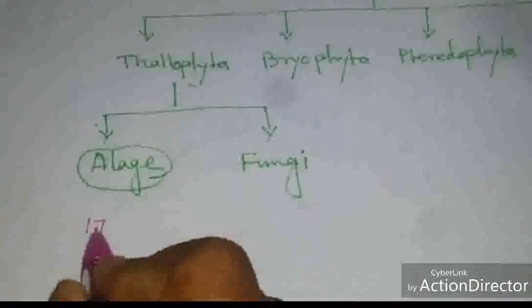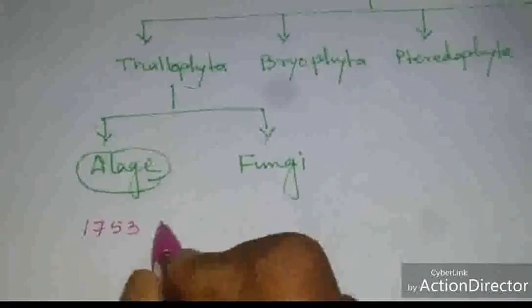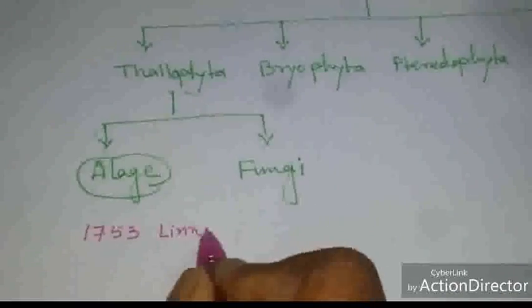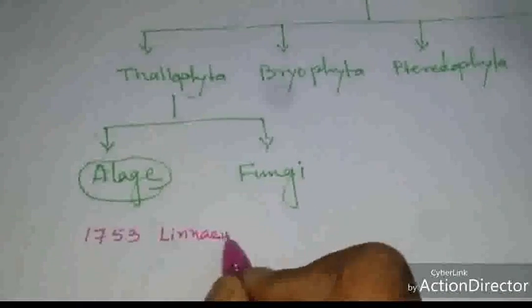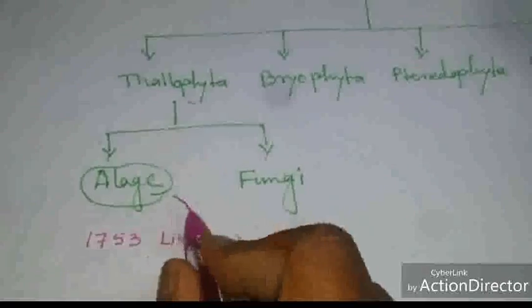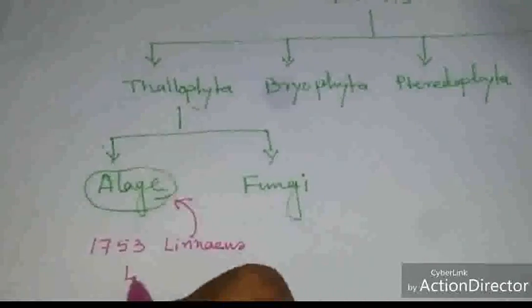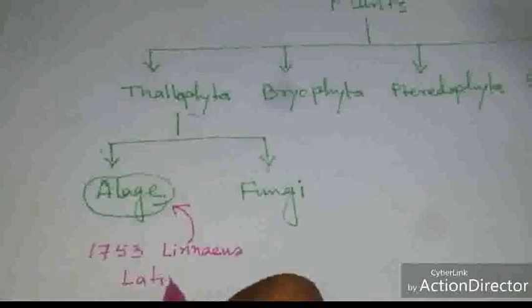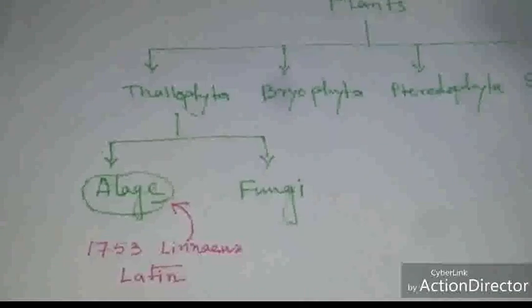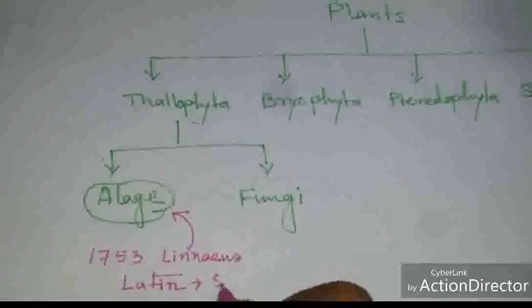In 1753, Linnaeus first discovered this word algae, which is a Latin word which means seaweeds.